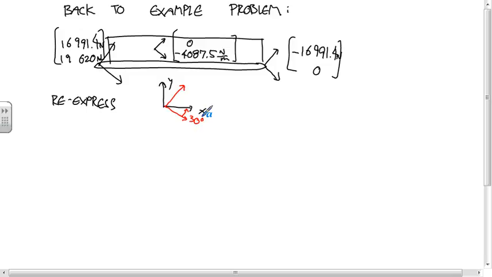Okay. And what axis do we want to rotate it about? Yep. So theta is equal to positive 30 degrees about the z-axis.